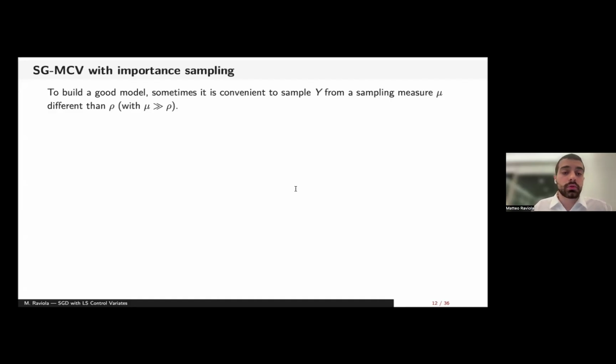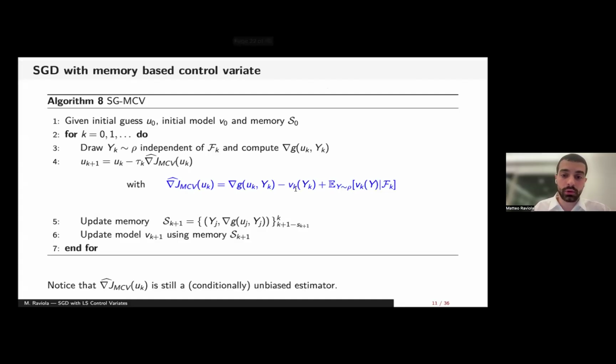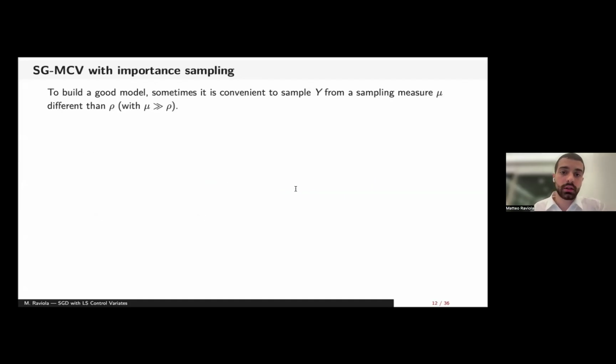Now the point of all this is that we are fitting a model. In order to be more general, when one builds a regressor, it's sometimes more convenient to sample the parameters from a different sampling measure than the base measure rho.